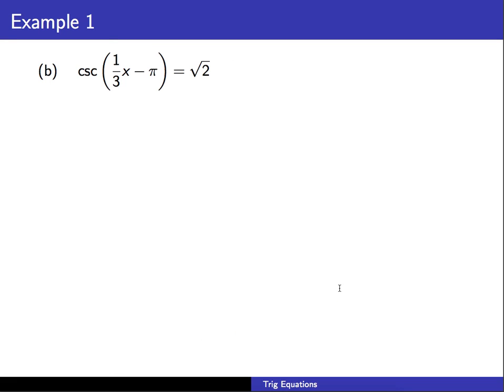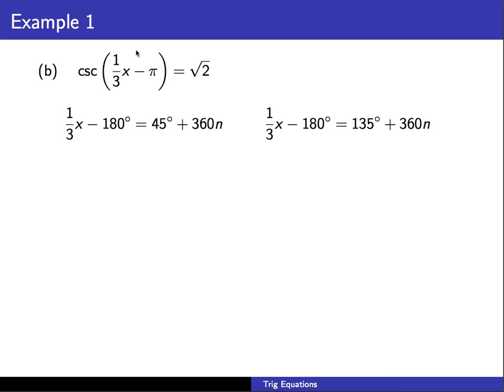So that's just a quick little technique you can use to help you make shorter work of listing out your angles. All right, part B, we have cosecant of 1/3 x minus pi equals the square root of 2. Let's ignore what's in here and look down our list to find what angles give us a cosecant value of square root of 2. It's 45 degrees and 135 degrees. So now we can worry about the 1/3 x minus 180. We'll convert it to degrees.